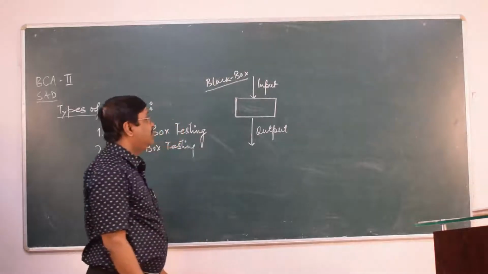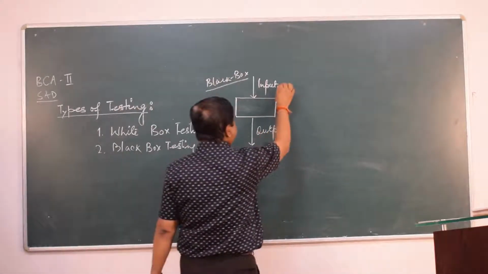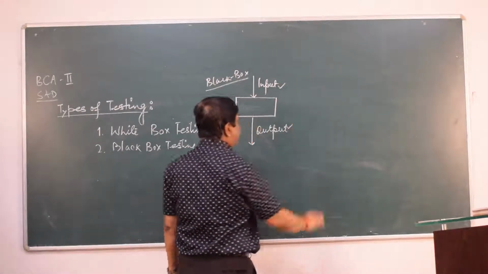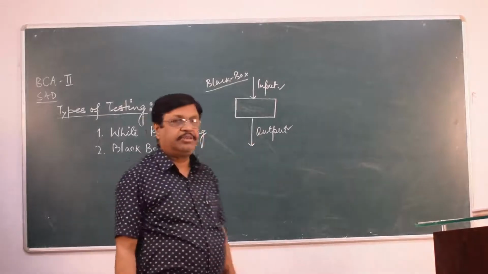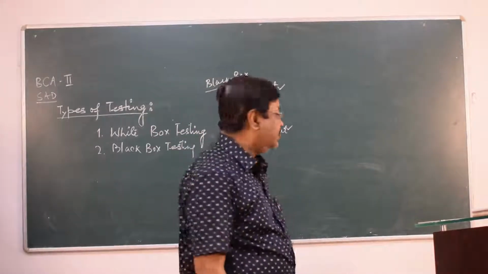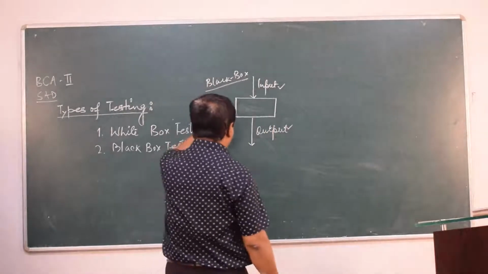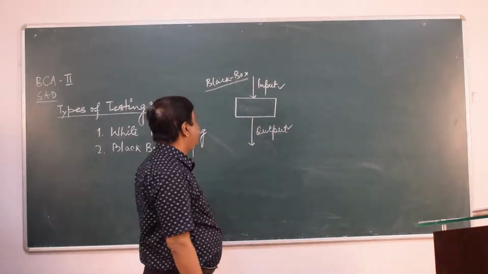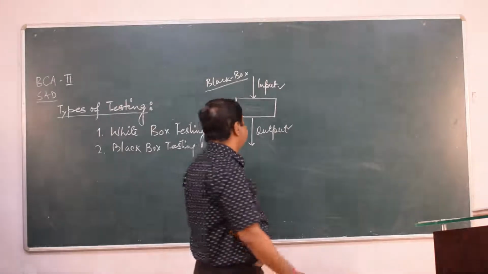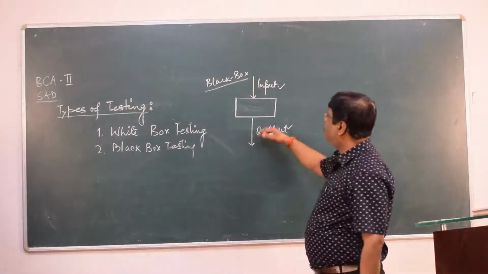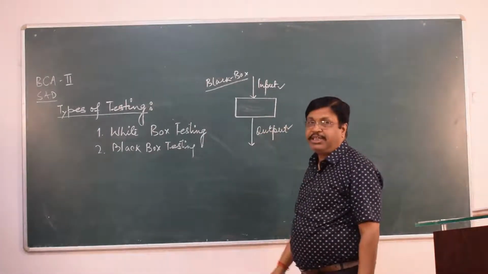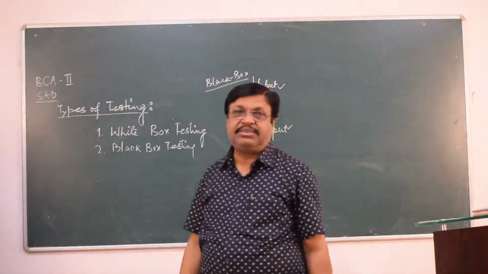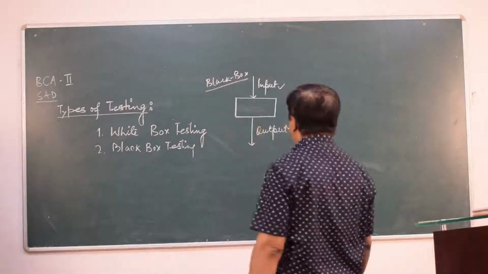What do we test? We test input, and as per input, whether the output is correct or not. We are not at all concerned with the processes inside the program. If the output is correct, then we say that the product has passed the black box testing.